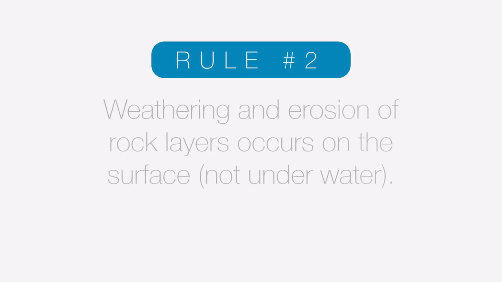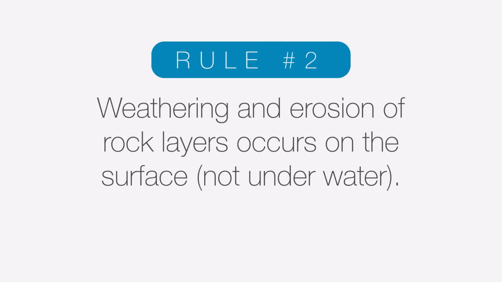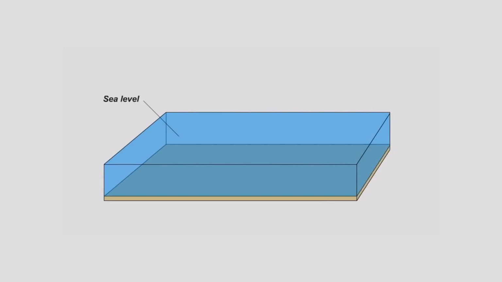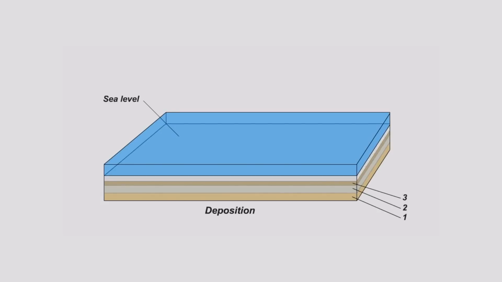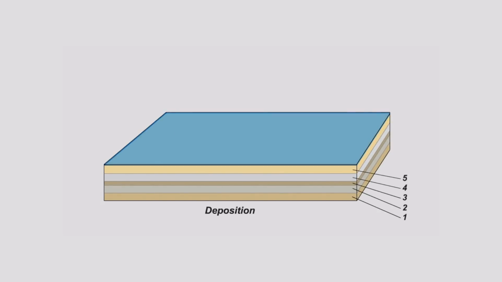Rule number 2. If rocks are weathered and eroded, then they must have been, at least for a period of time, out of the water. And this is because weathering and erosion of rock layers mainly happens on the surface of the Earth, not underwater. Let's go back to that same animation again. Now we're underwater, sediments are deposited, compressed into sedimentary rocks, and then some event will happen.